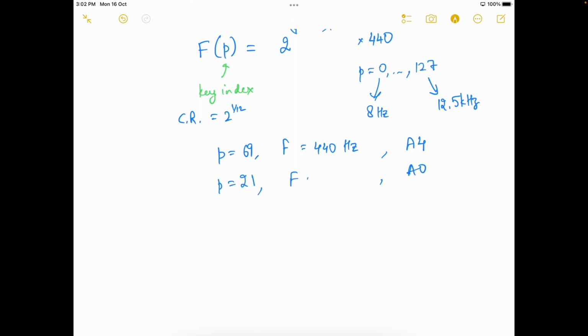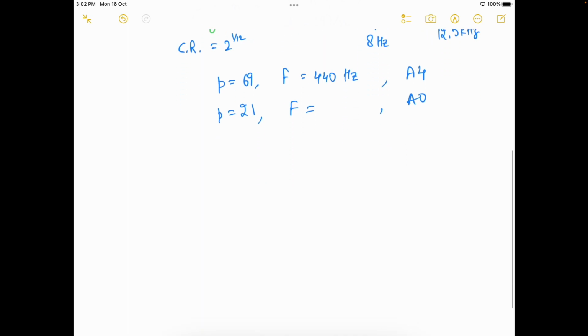And what is your F? It is 4 octaves, 2 to the power 4, which is 16. 440 divided by 16. So what is the answer? Okay, 27.5 something.